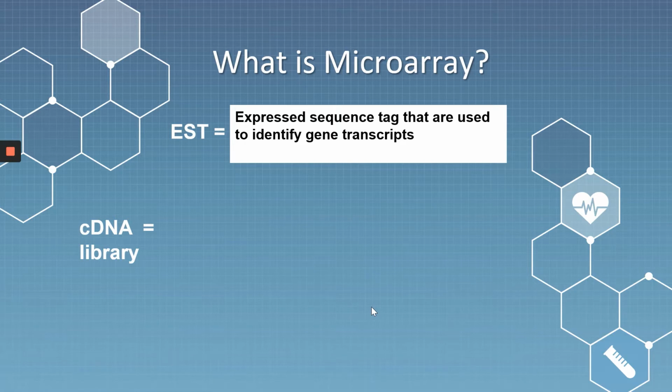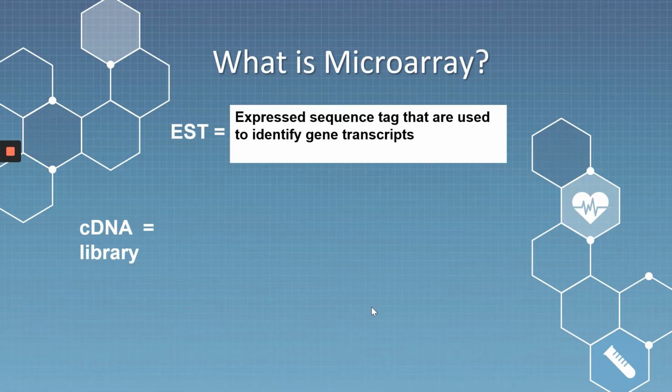Let's say I want to find a gene to study why my hair is white. I will use the tag to label which gene is expressed when my hair is white. So you get it.